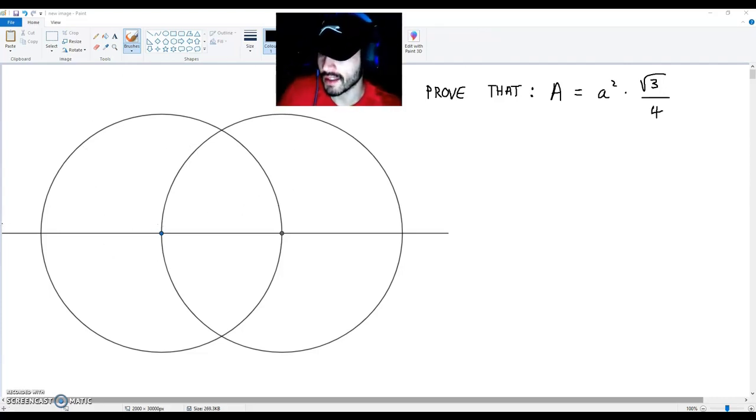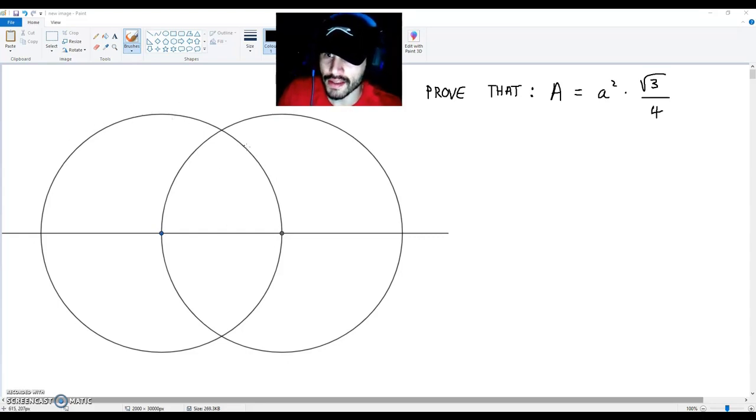What I've done is drawn a straight line across like this, and then I've created a circle with the center on this blue point over here. So I've created a circle around that point, okay?